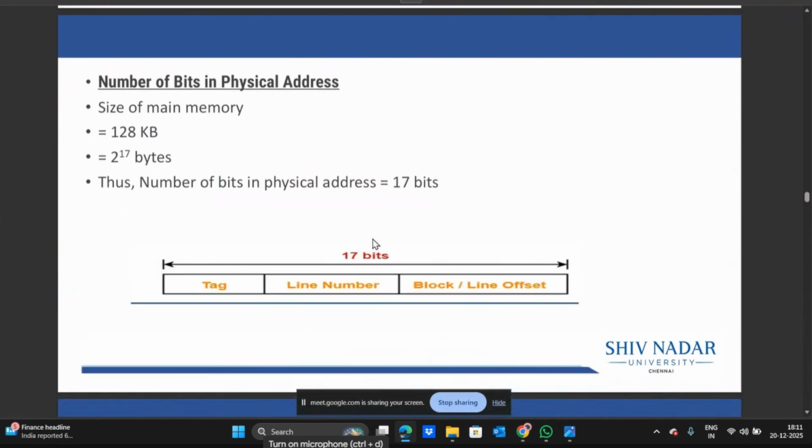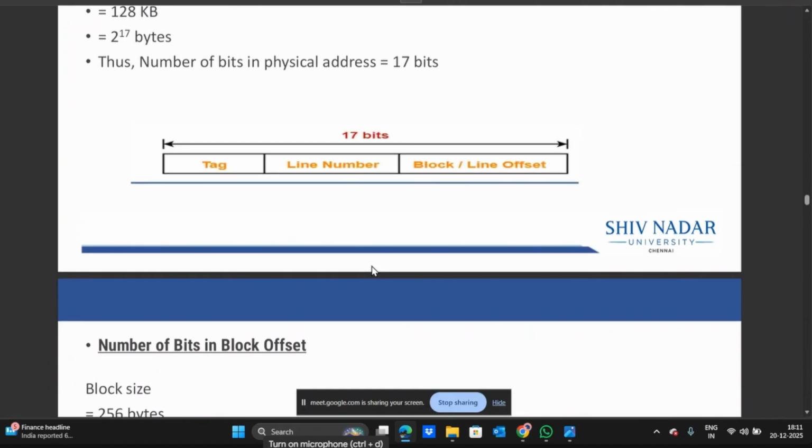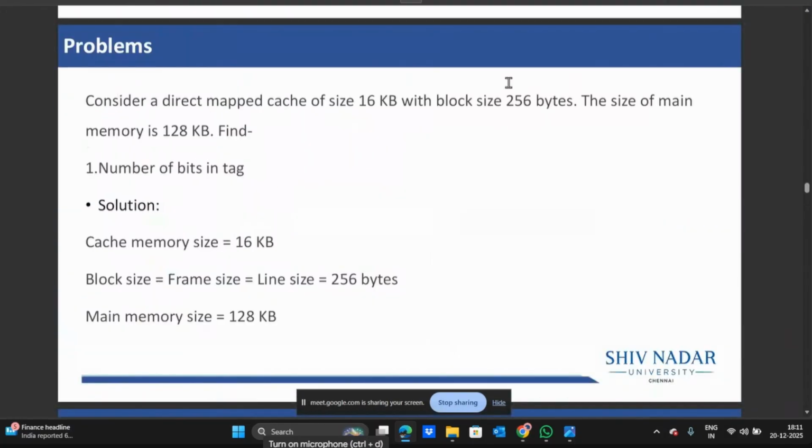Then the number of lines is calculated by the cache size divided by the line size. Line size is 256 bytes. Line size, block size, frame size: everything is one and the same, as we divide the total memory into blocks.